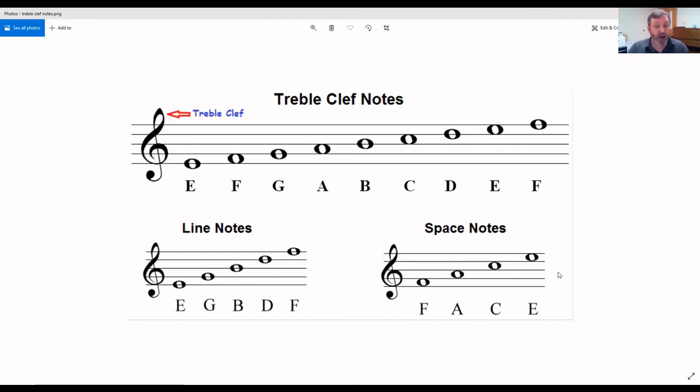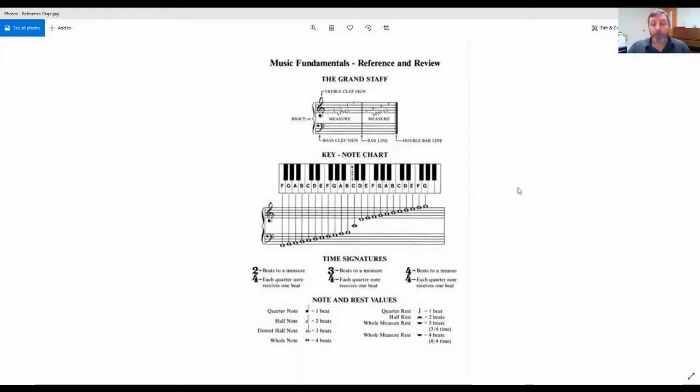Now, something else that we want to make sure that you all remember, beyond just these note symbols, how long they're going to be counted for, and where to place those different note symbols to get different sounds or pitches on the treble clef, is that we've also talked about making sure that we're putting the right number of beats in each little section of music or measure that we're writing.